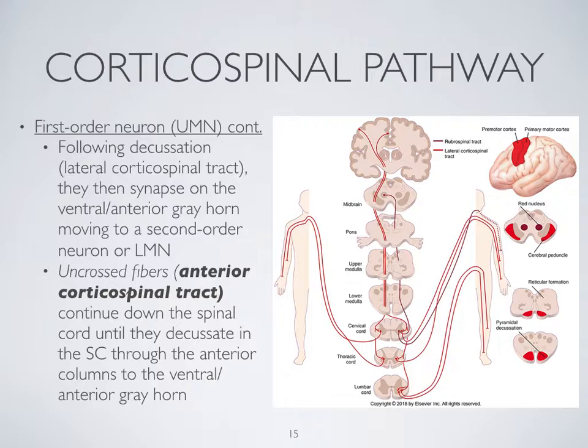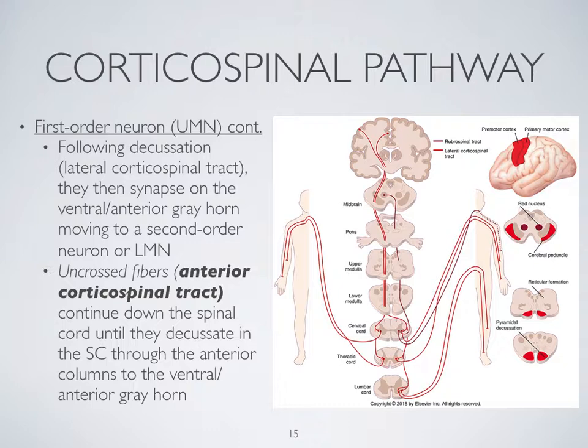Again, if you're following that red tract on this figure, on slide 15, that decussation in the pyramid is where we see the lateral corticospinal tract cross over, land in the anterior white columns, then jump to the ventral or anterior gray horn, synapsing on that next cell body. It synapses to our lower motor neuron, which then will go to our skeletal muscle. Okay.